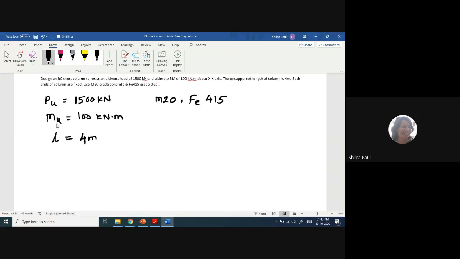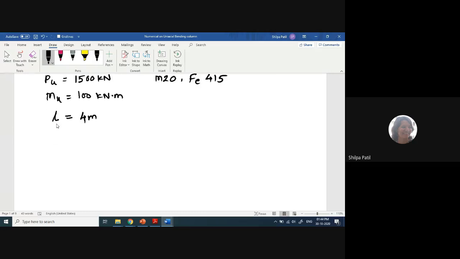Okay. Now, the first step, we have the unsupported length. So we have to first find out the effective length, right? So how to find out L effective? For that, some end conditions must be given. So what is the end condition given? Both ends fixed. Now, quickly refer Annex E of IS 456.